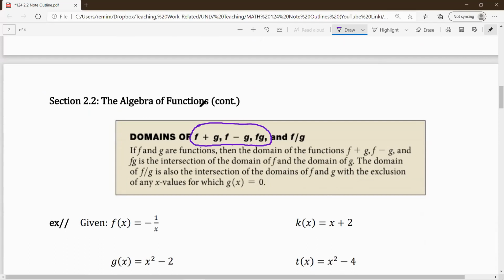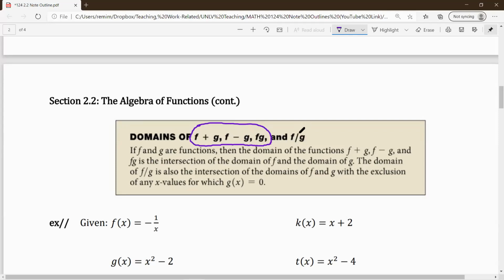So in previous sections, we talked about finding the domain of certain functions, and now we're going to apply that here, and these are going to be a little bit more complicated, but we're still going to apply what we learned back then to these newer types of functions. So if you look, we're going to talk about the domain of f plus g, and also f minus g, and f times g.